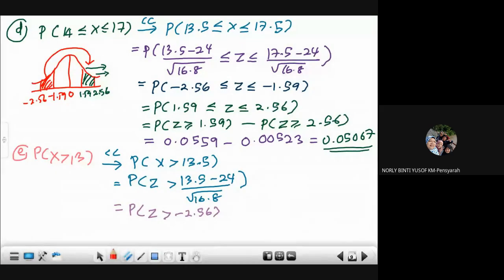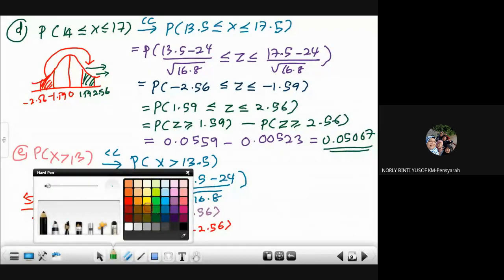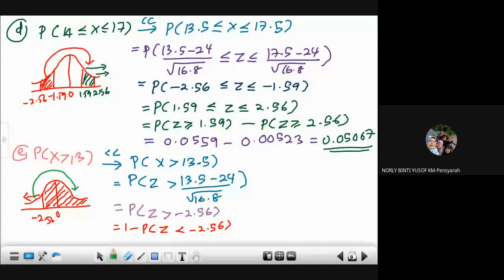Okay, sama. You boleh draw the normal shape. You got negative 2.56. Greater than, that means you akan langgar line normal 0. So you akan pakai 1 minus, 1 minus Z lesser than 2.56. Ni lesser. Okay, dia akan sama, region ni sama dengan for 2.56 sebab you nak baca Z dekat table mesti positif kan.